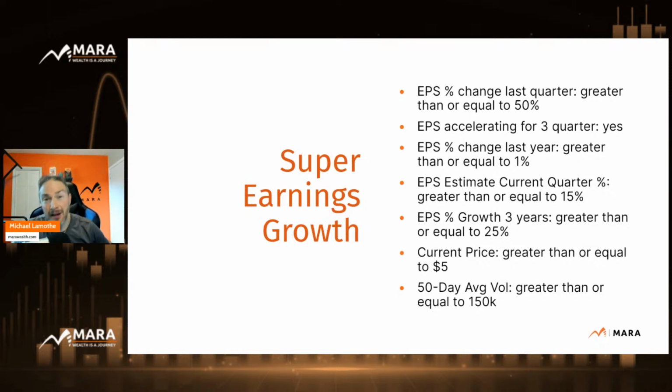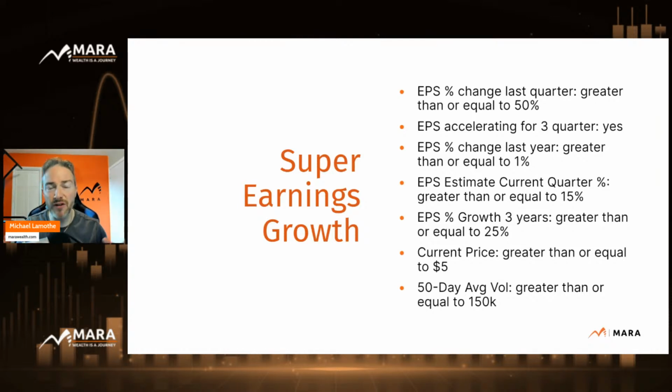But if I jacked up the average volume to say 400, 500,000, plenty of other stocks wouldn't make it, and it wouldn't be a good screen. So this is what I'm looking for so far.